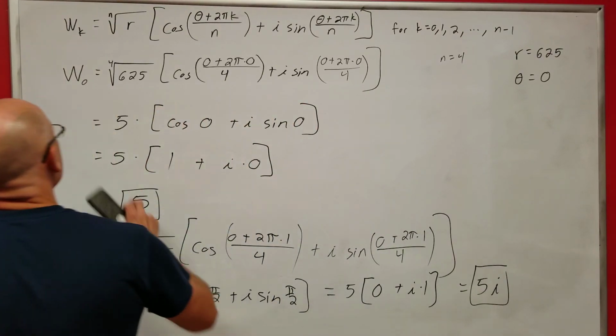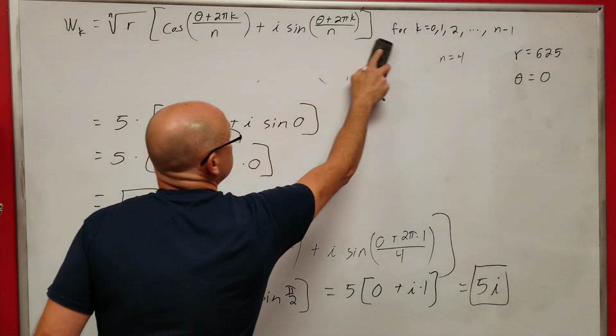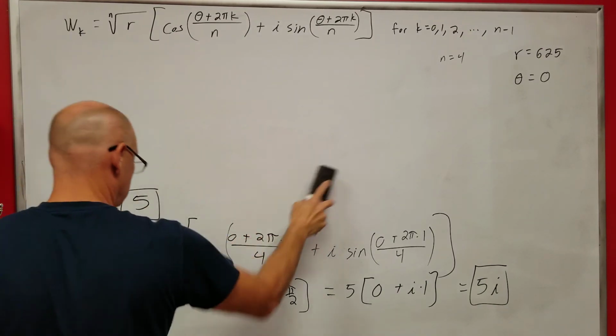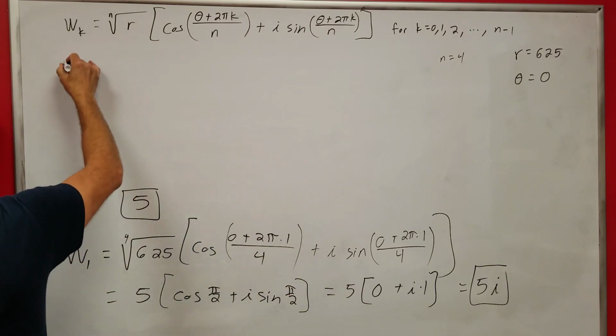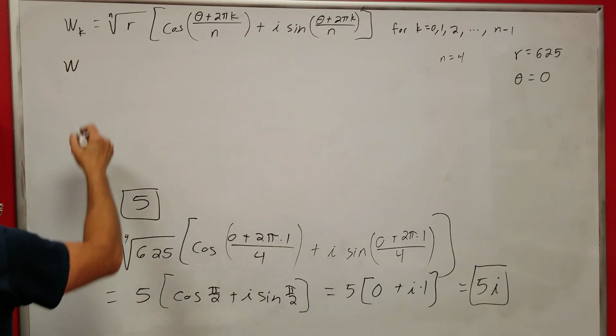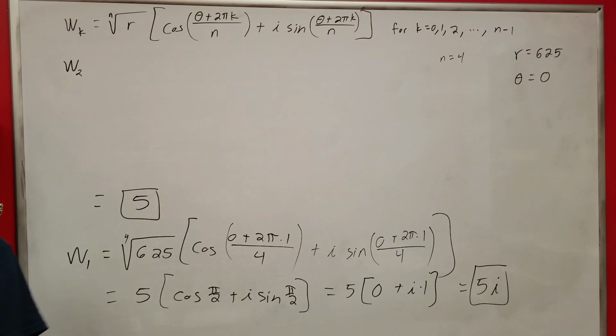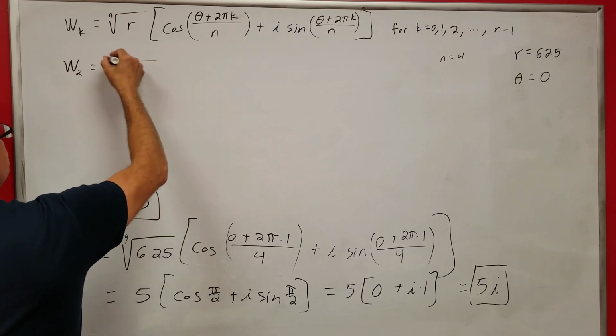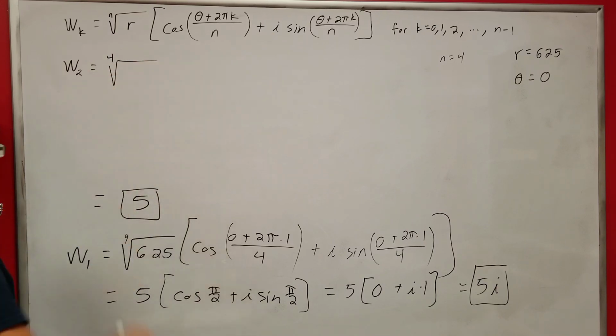All right, let's look at the next one. W, we came up with w of 1 last time, w of 2, right? W of 2. What is that equal to? That's the 4th root of r.